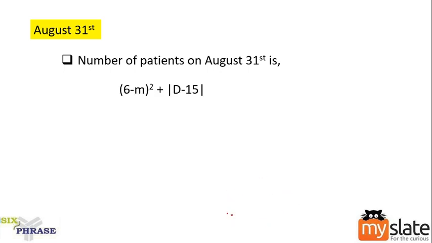What is the formula? Number of patients on August 31st can be calculated by (6 minus m) the whole square plus absolute value of d minus 15. This is the formula. In this scenario, we are dealing with the date August 31st. So, what is going to be the month value? For August, month value is 8.